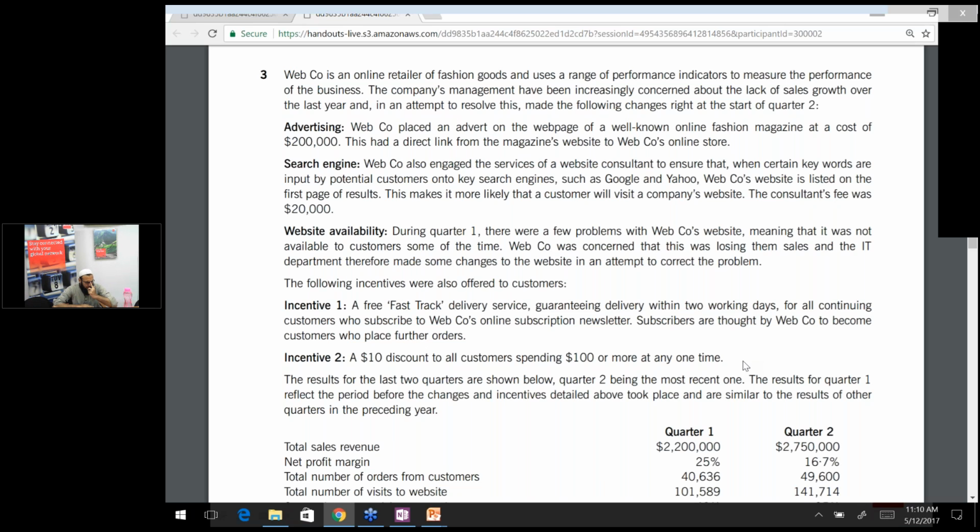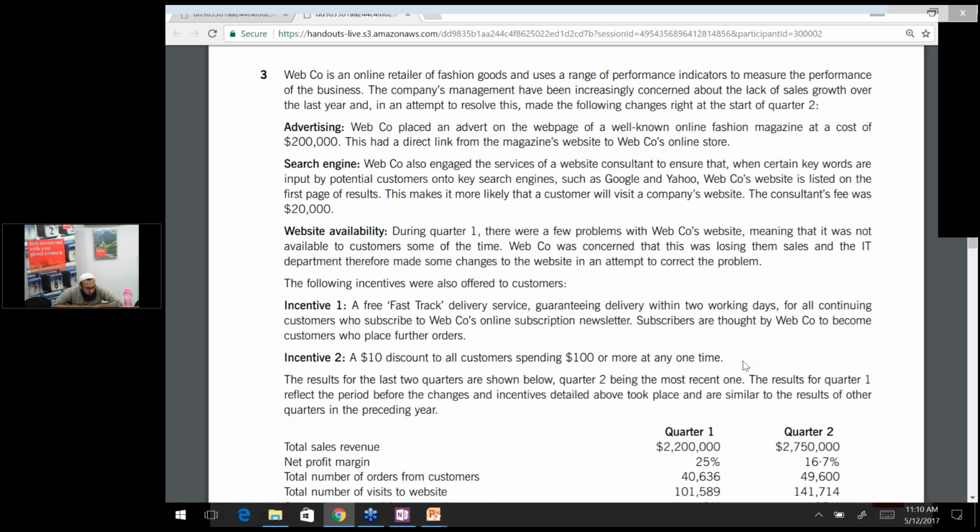Number one, calculate the ratios, both financial and non-financial.